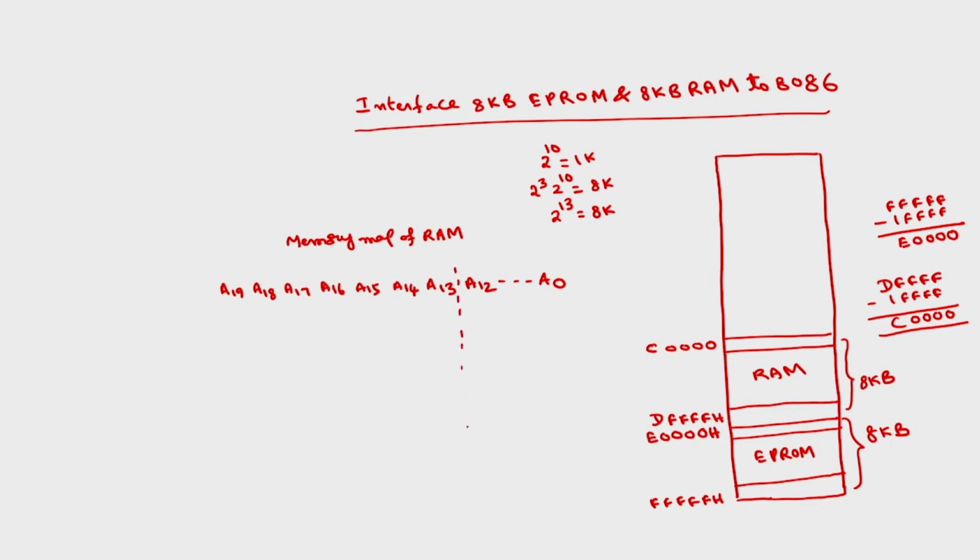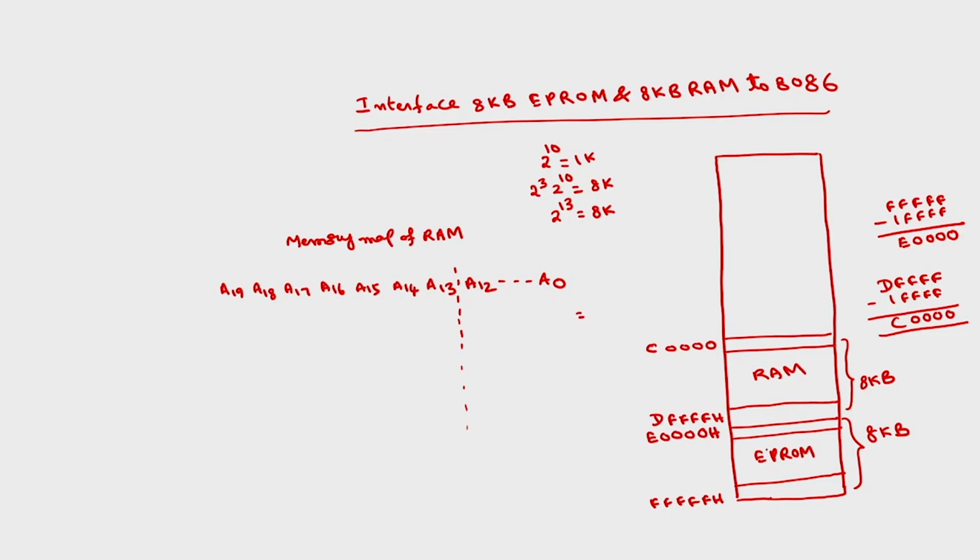These are the address lines of the microprocessor that have to be connected to the 8 kilobytes of memory. Memory will have some address lines depending upon the capacity; for 8K memory it will have 13 address lines. So I am going to connect A0 to A12 to the corresponding address lines of the memory. What is the starting address?